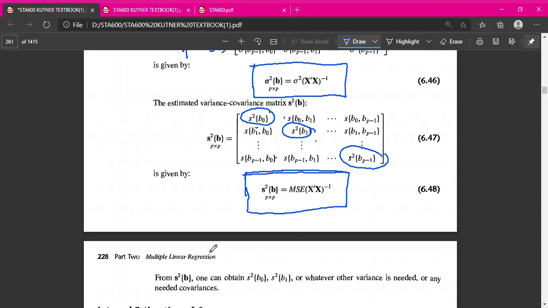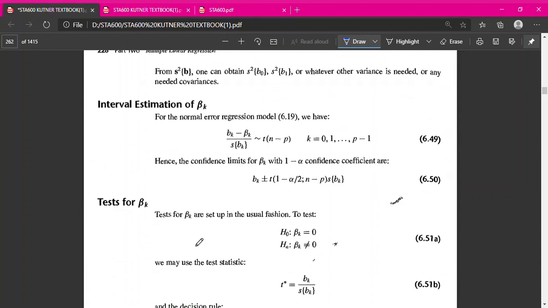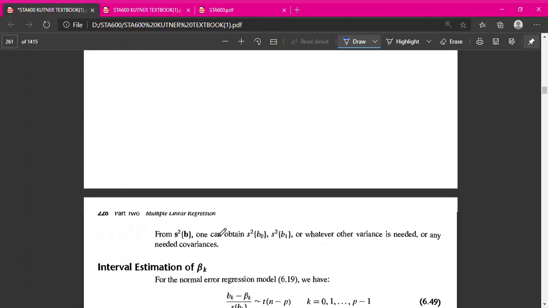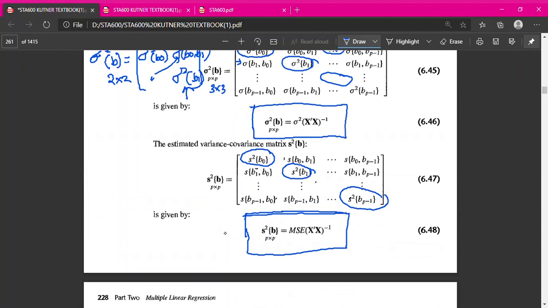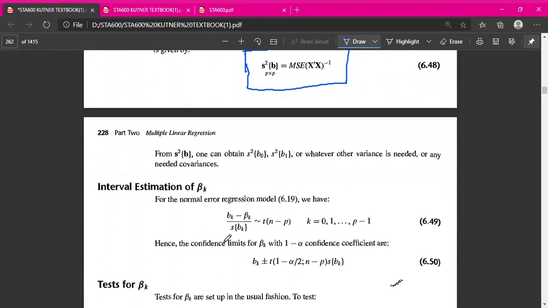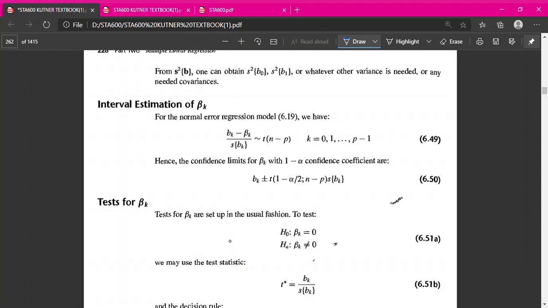Once you have the MSE dan juga X transpose X matrix dan inverse that value, then you akan dapat matrix of variance covariance, matrix of B. Okay, and then we will use all this value, variance of the parameter ni sebenarnya. Kita boleh determine the confidence interval untuk beta dan juga test untuk beta.